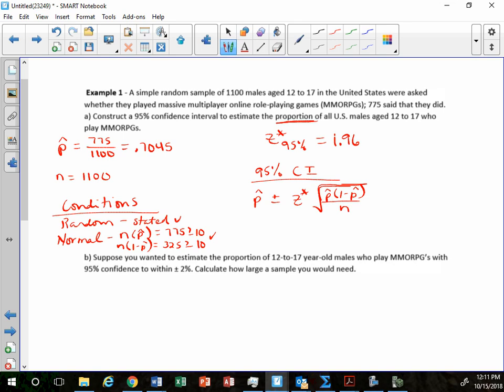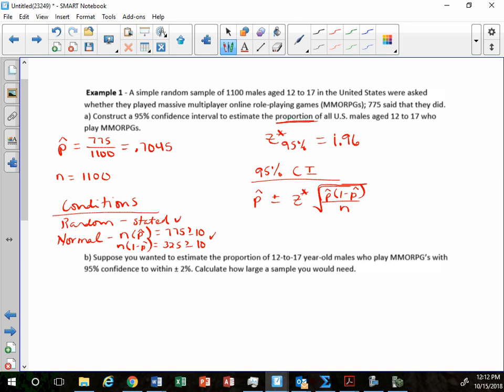If you have the right answer but wrong work, they'll take points away from you. But if you have no work and the right answer, you'll get full credit. You can't get penalized for work if you have no work.